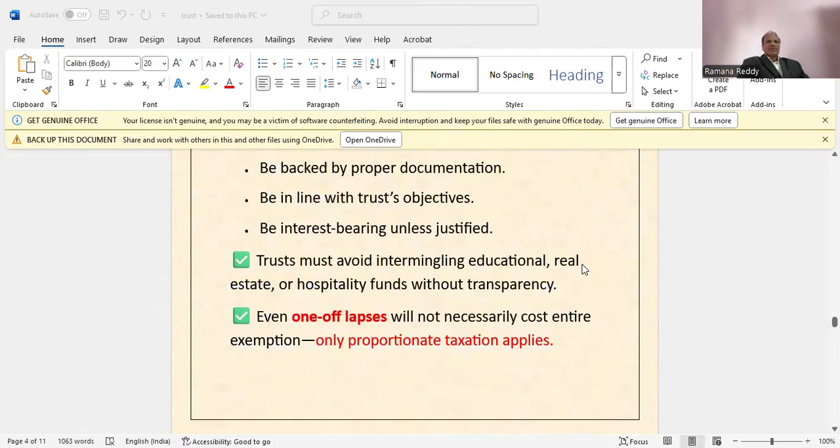A trust must avoid intermingling educational, real estate, or hospitality funds without transparency. Even one-off lapses will not necessarily cost the entire exemption; only proportionate taxation applies.